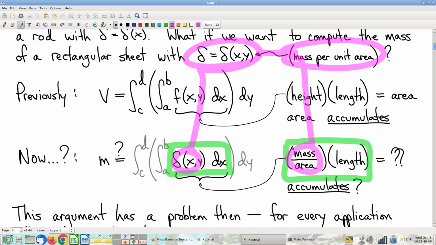It's not that I can't figure out what it means, it's that I've got a problem to try to figure out what it means. And then it's worse than that, because you could take a units point of view and say, well, mass per unit area times length, wouldn't that give you mass per unit width or something like that? But that's a units argument. What is that thing? Does it accumulate like area does, or does it not accumulate like concentration does?